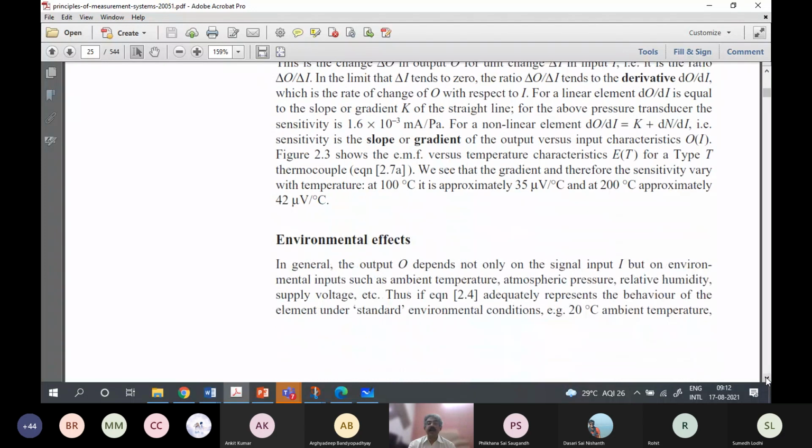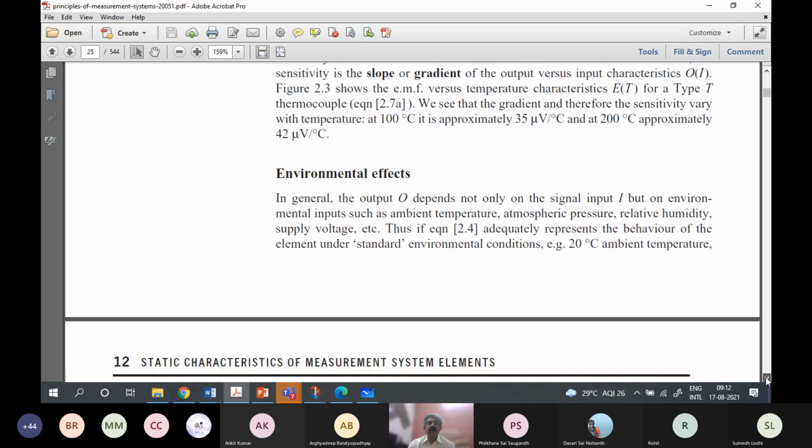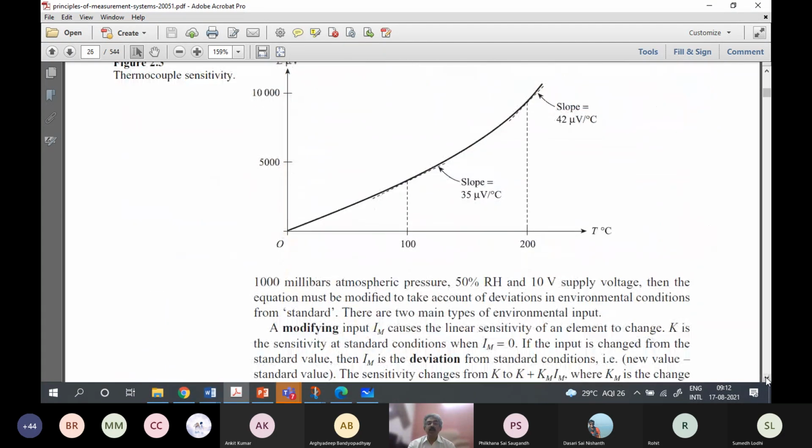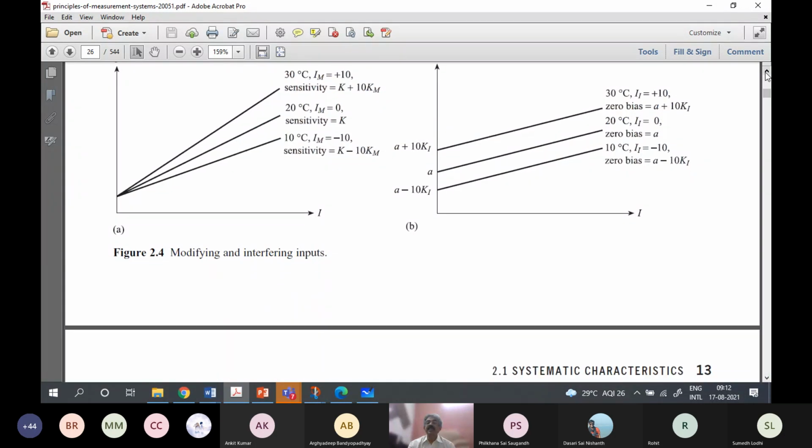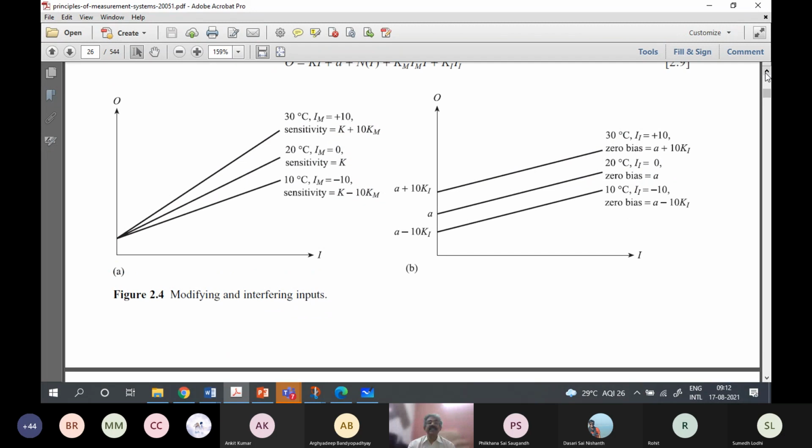We go forward and quickly see some other terms which are also applicable for certain other classes of instruments. You see how here they are saying X% of FSD and Y% of reading, whichever is greater.